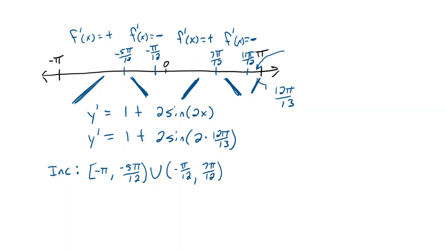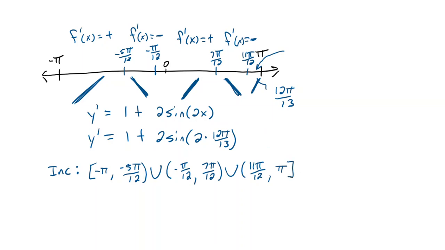And then it increases again on that last section: unioned with, from 11 pi over 12 up until pi, and it would be a square bracket because it included it.